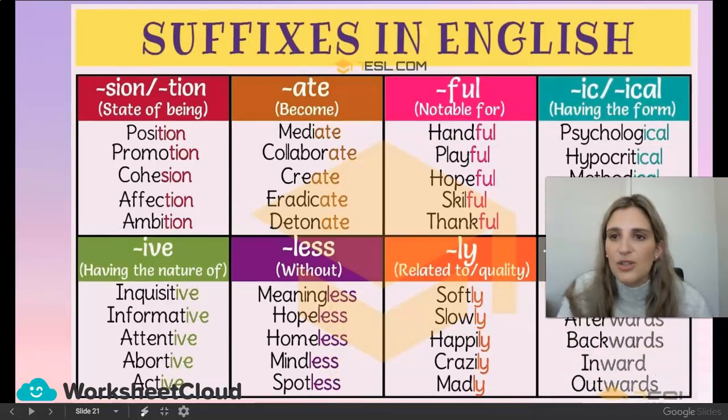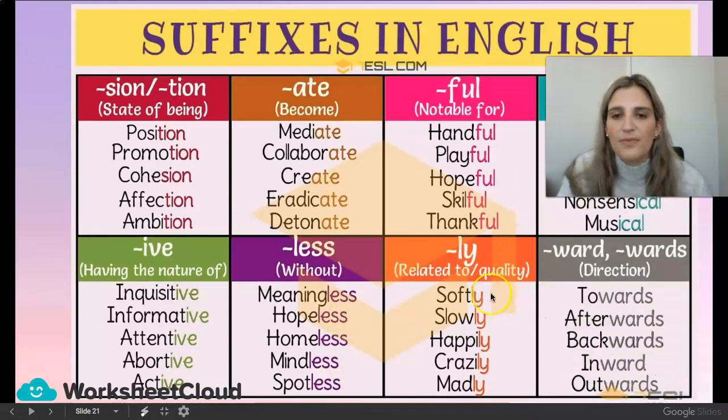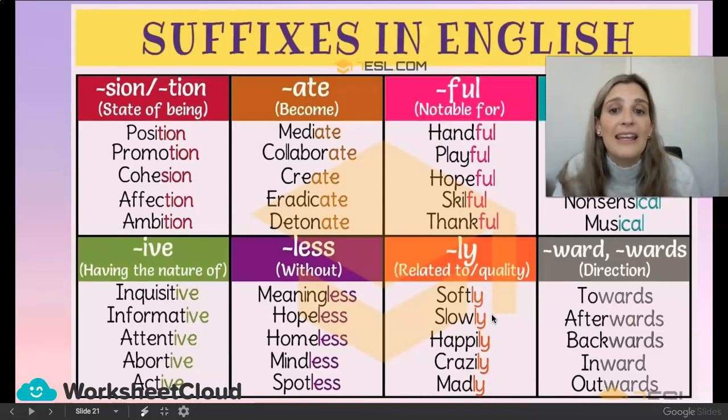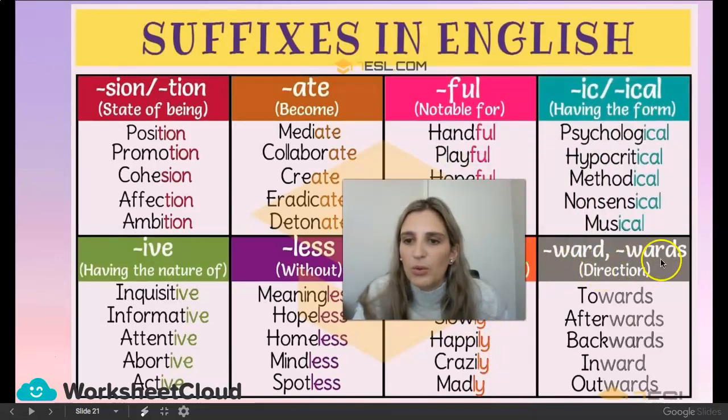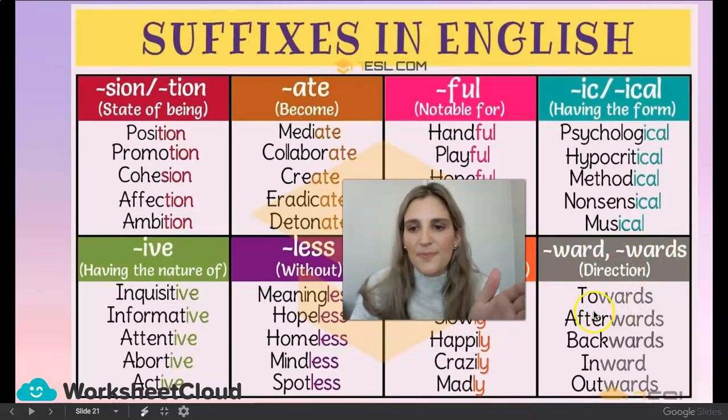Ly is related to quality. So how softly were you speaking? Softly. How slowly were you speaking? Slowly. Happily, crazily. Then ward or wards, towards, that's its direction. I'm going this way, backwards, that type of thing.